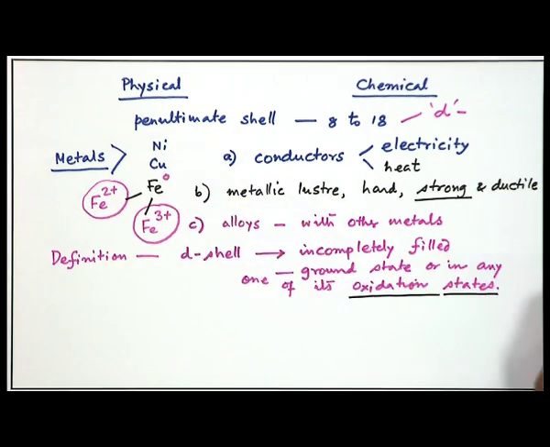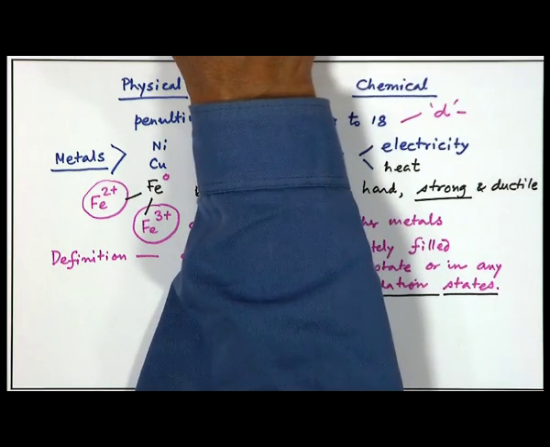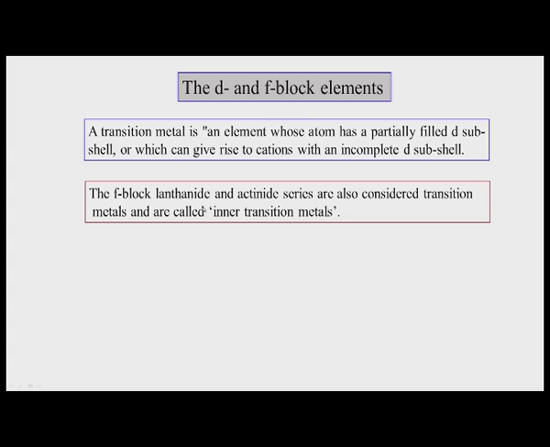In a similar way we basically give the definition for F block, and in these two cases we just consider that the group will start now, because here we follow that the transition elements follow in the periodic table after calcium. Similarly, here these are starting from lanthanum and actinium.